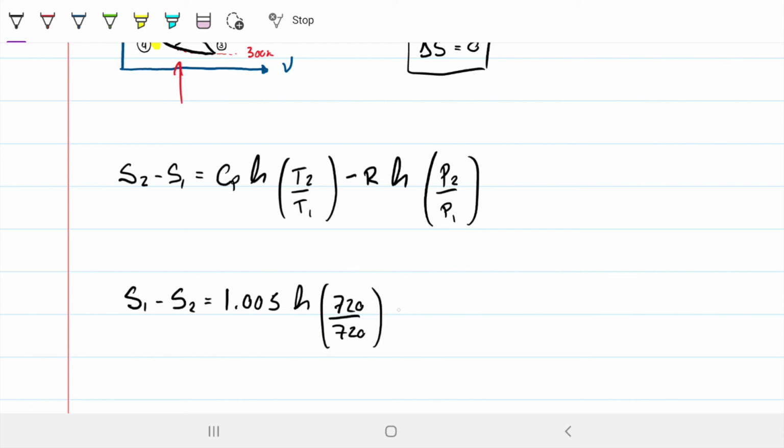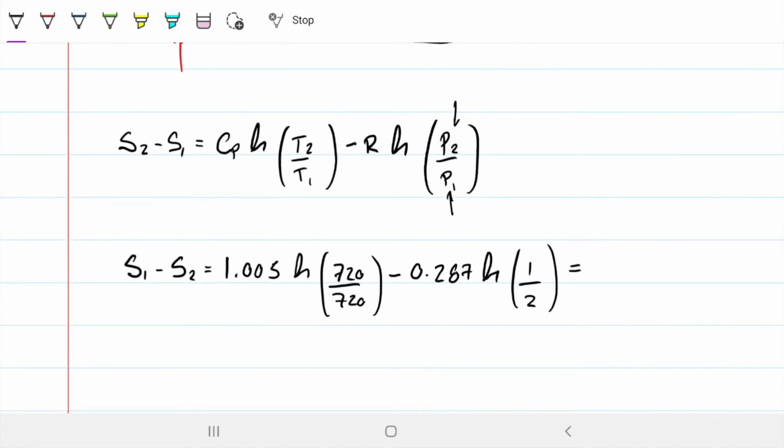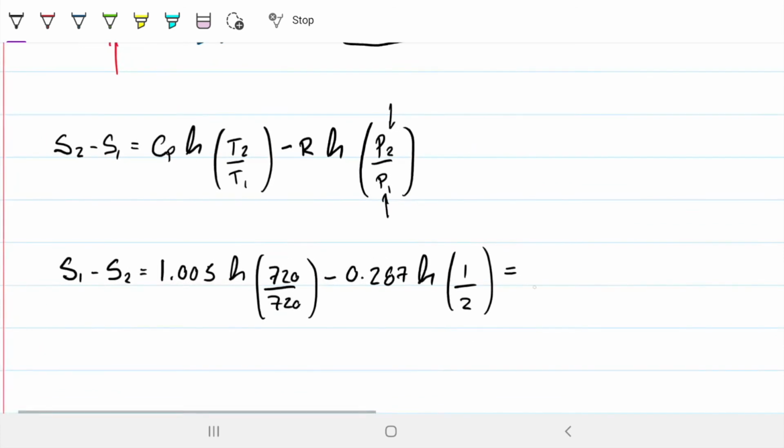So just natural log of 1 minus 0.287, and the natural log of, remember that one is double the other, right? Remember that this is 7,000, this is 3,500, so this is just 1 over 2. That gives us what is it? 0.198933, and it keeps going, so let's approximate that to 0.02.